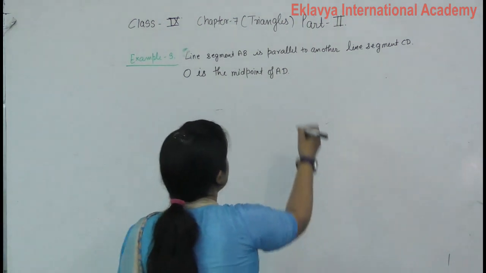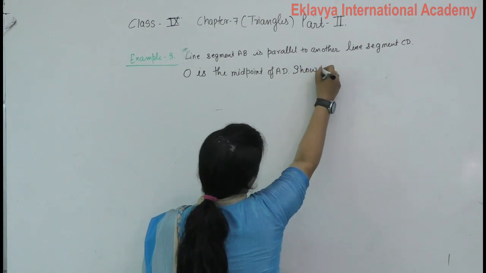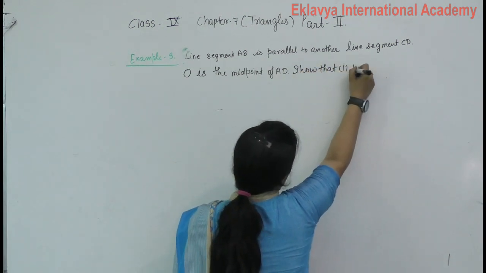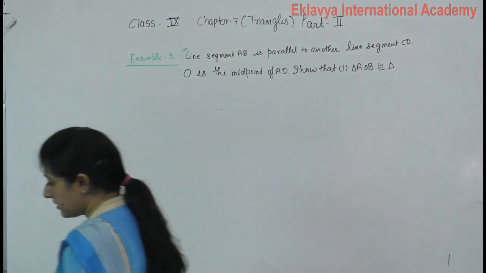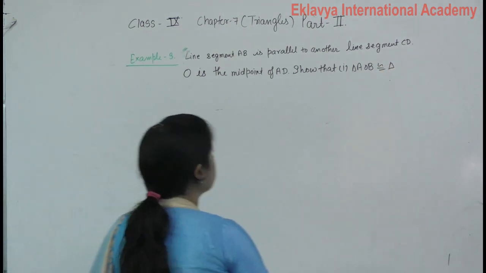Show that triangle AOB is congruent to triangle DOC.